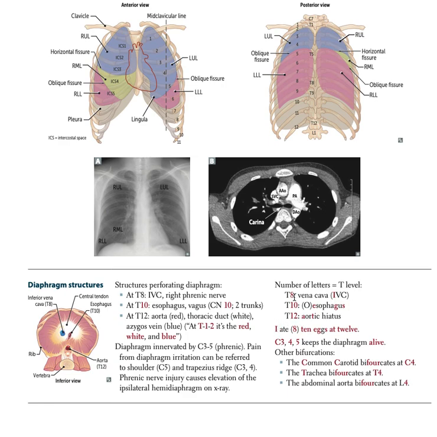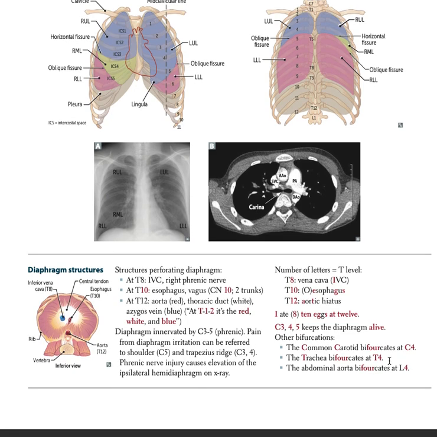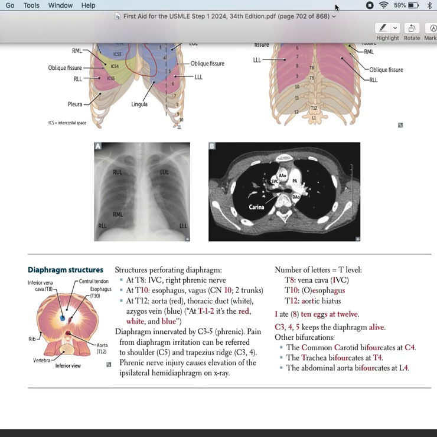So I 8, 10, X at 12. Other bifurcations are: the common carotid bifurcates at C4, the trachea bifurcates at T4, the abdominal aorta bifurcates at C4. That's we come to the end of respiratory anatomy.